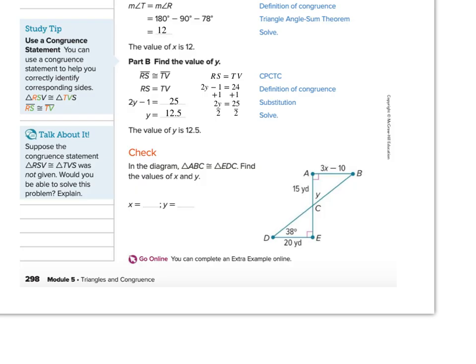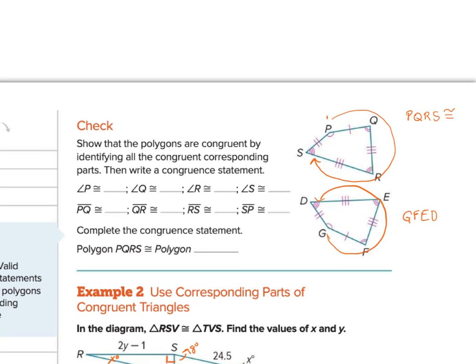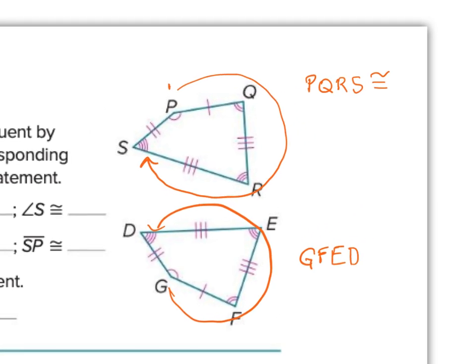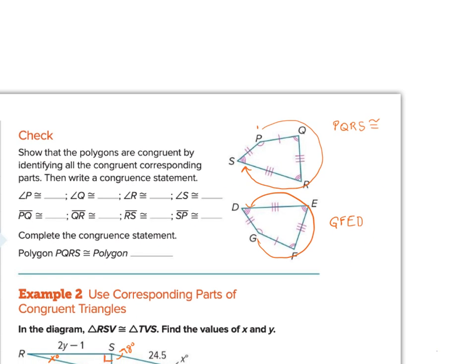So with that, according to the image, if I look at the top image, if I start at P, that's 1 arc, and then I travel through the increasing arcs, I would go P, Q, R, S, and that is going to be congruent to, again, starting at 1 arc and traveling into the other arcs, G, F, E, D. So I know then that those 2 trapezoids are congruent.